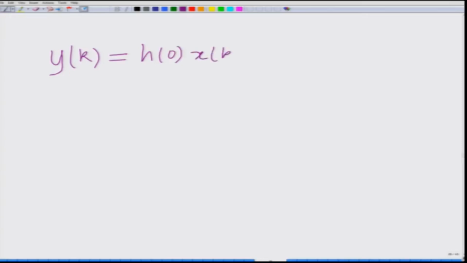h0 times xk plus h1 times xk minus 1 plus Vk, where Vk is the noise.